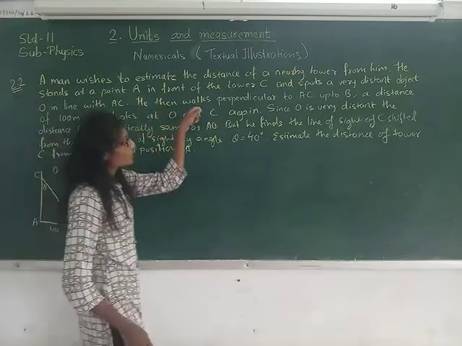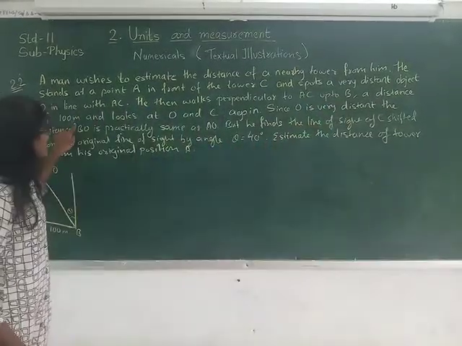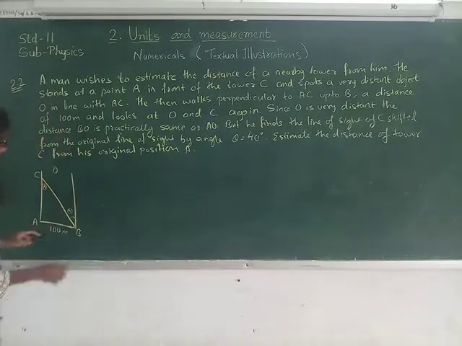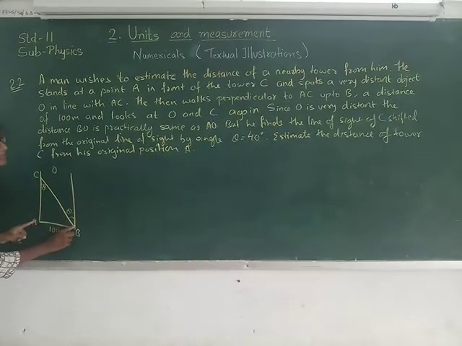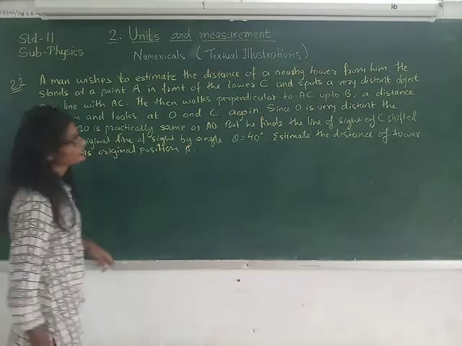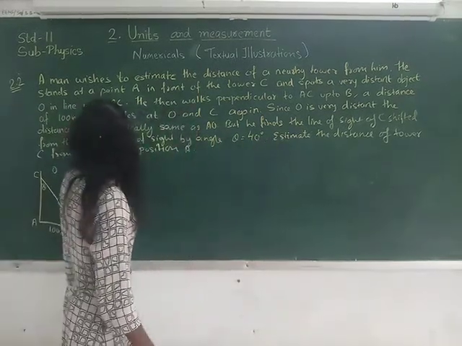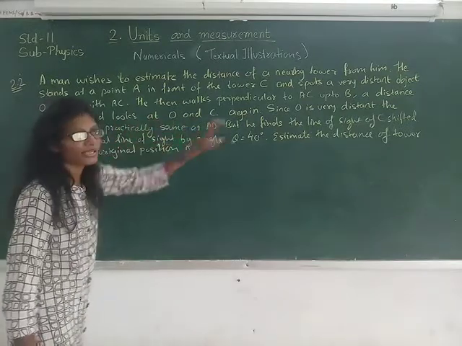He then walks perpendicular to AC up to B, a distance of 100 meter. That means a man which was standing at this point A, he moves perpendicular to this line AC by 100 meter distance and comes to this point B, and looks at O and C again.